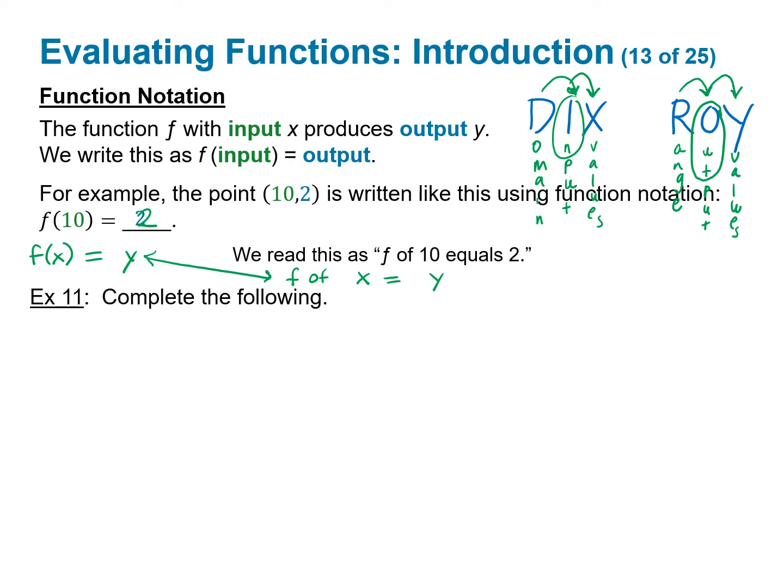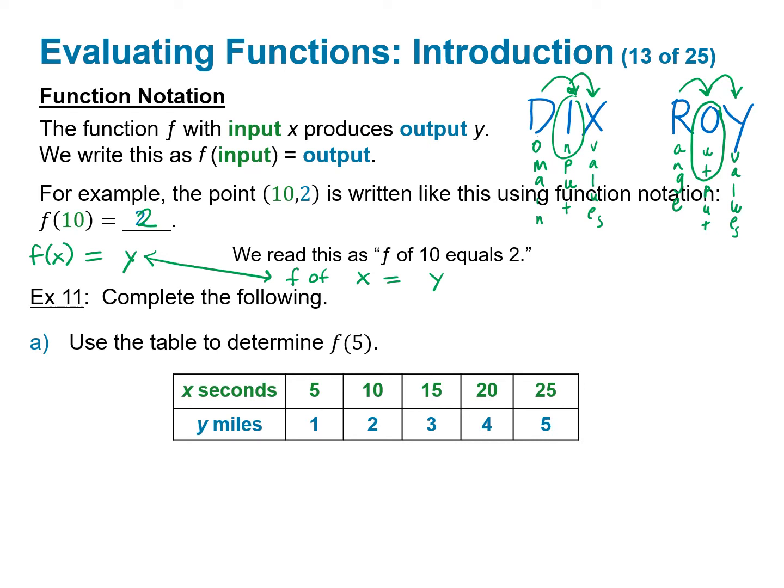So example 11 says complete the following. We have this table and it says determine f of 5. So that means the x value is 5, because remember, the number inside represents the x, or the domain, the input. And so f of 5, what was the output?